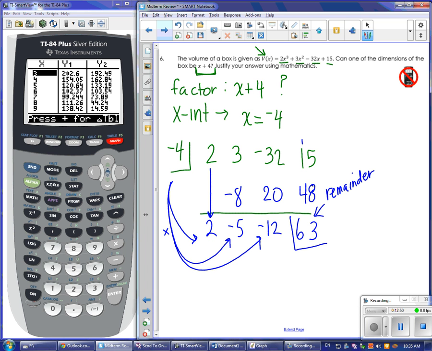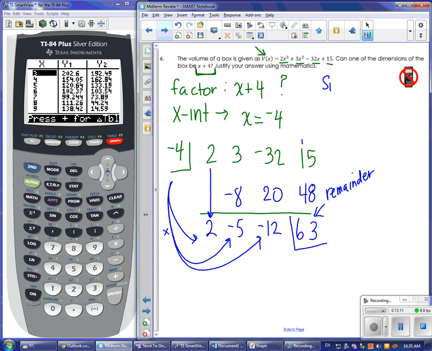And since we have a remainder, x plus 4 is not a factor. And if x plus 4 isn't a factor, then it can't be one of the dimensions of the box. And this is what you want to write out, because it says, justify your answer using mathematics. By showing the synthetic division, you've shown the mathematics, but you still need to answer the question.